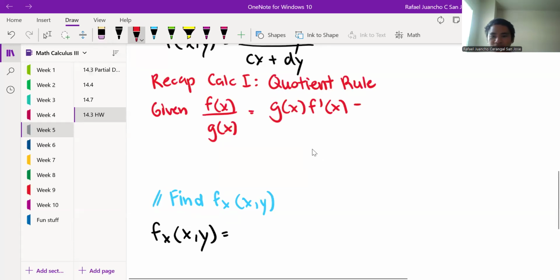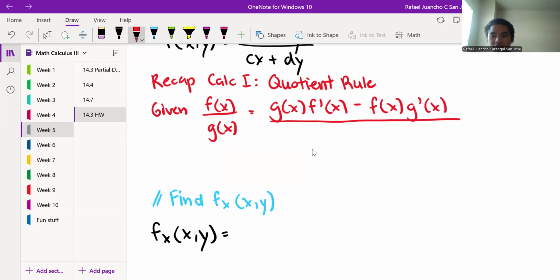Then we do my upper times the derivative of my lower, and then I square my lower. So what's the mnemonic, the famous mnemonic? Well, let me just write it out.